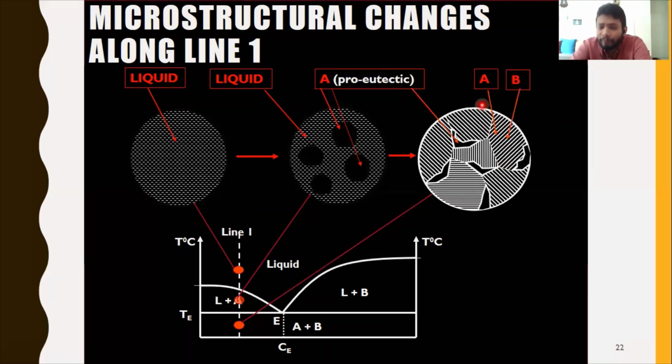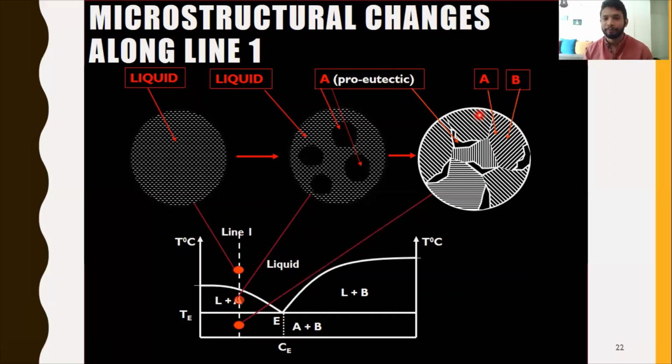So what happens is that this pro-eutectic A will be squeezed into the grain boundaries, or, let's say in Sinhala, we put them aside, in a corner. This is putting the earlier one aside to a corner, and the A and B lamellar structure will be the dominant part here.